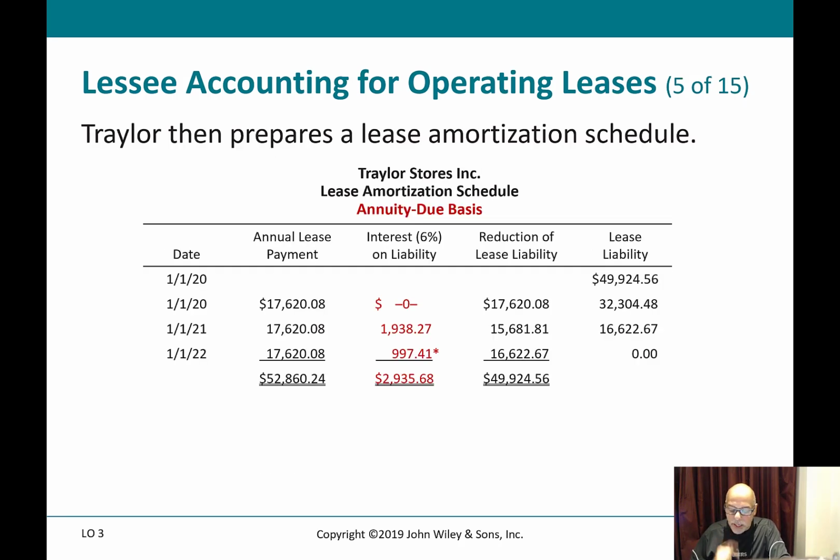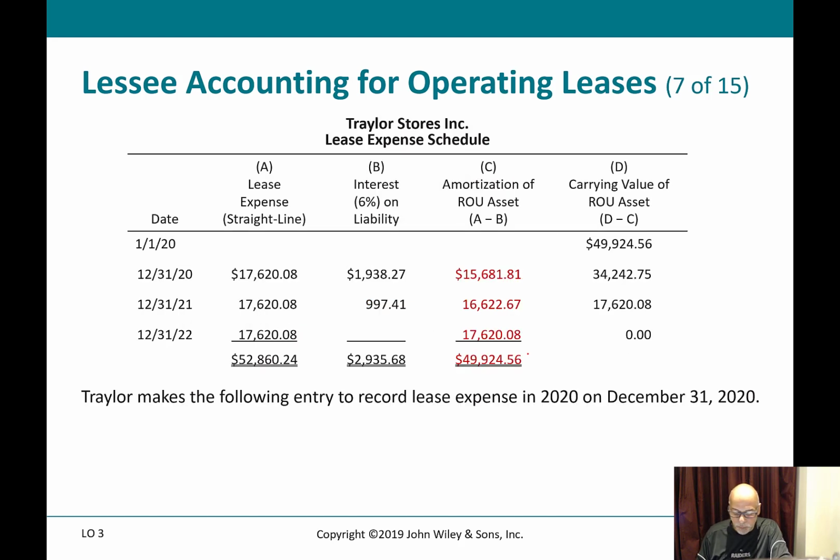Now we're going to amortize our right of use asset, and the amortization of the right of use asset is going to be the amount that is the reduction in the lease liability period to period.